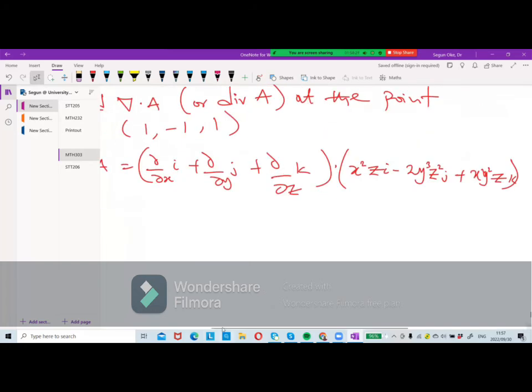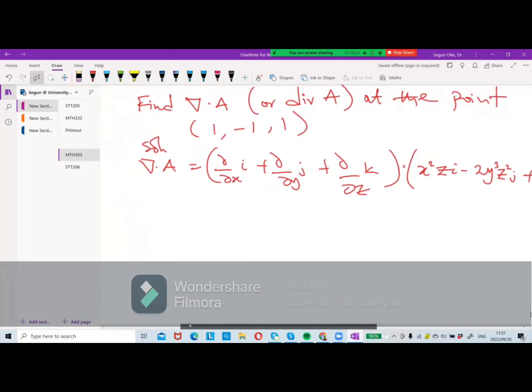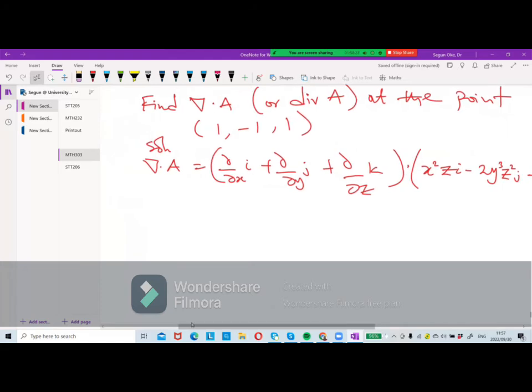So all you need to do is substitute. Now look at the difference between them. In the gradient, you have only one expression without any ijk. But in the divergence, you have i to i, j to j, k to k. Can you get the difference?